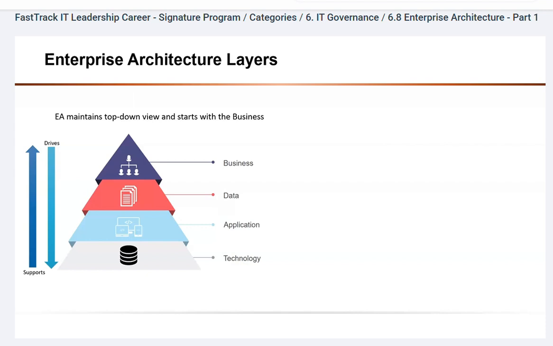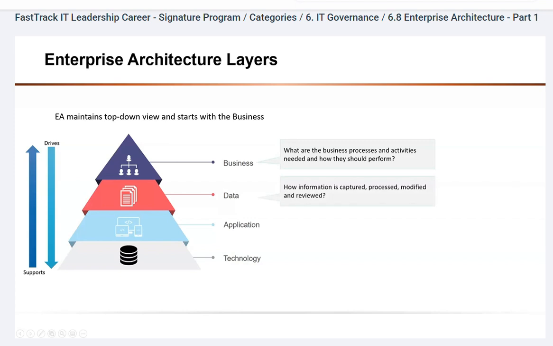They maintain a top-down view and start with the business, because we know business drives the technology needs and technology supports the business. And the business aspect here: what are the business processes and activities needed and how should they perform? From a data perspective, how information is captured, processed, modified, and reviewed. So this is the data layer questions.